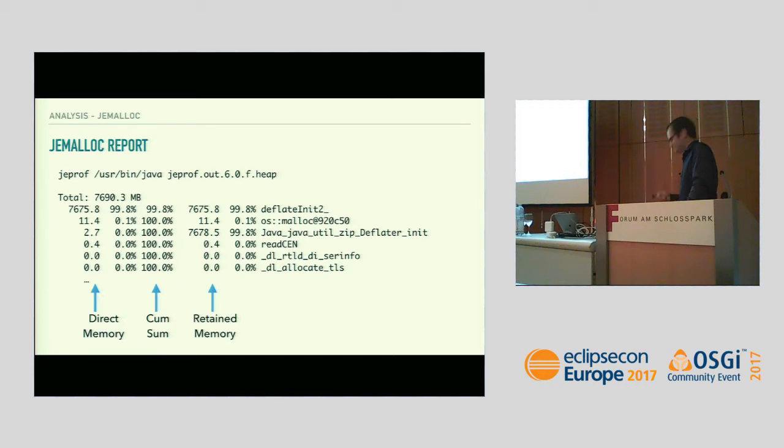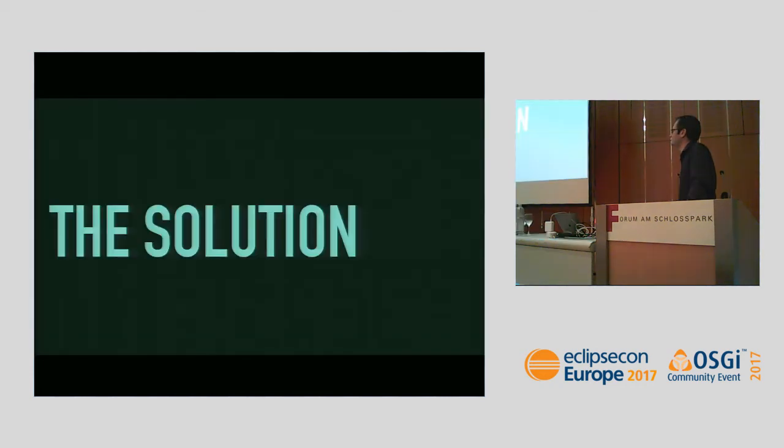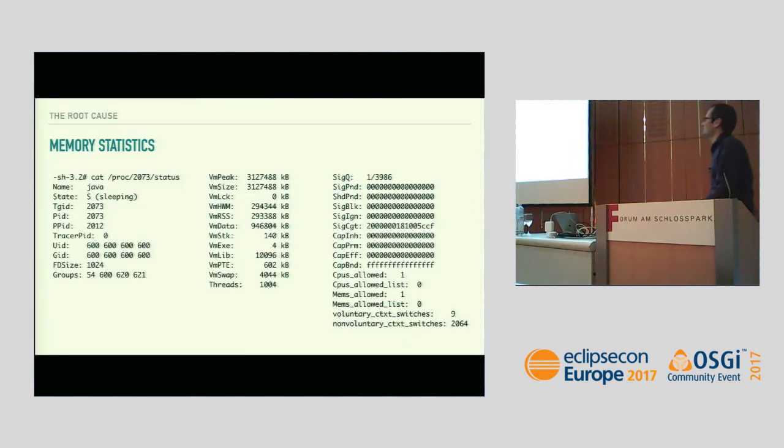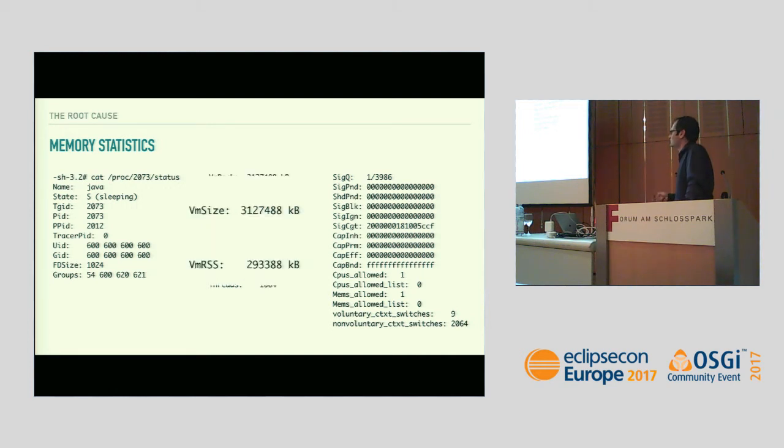Still, unfortunately, that was not the case here. The real solution for this presentation is actually not that interesting. The interesting part was the journey. What we noticed while doing all this memory dumping, swapping, everything, were these two interesting numbers, the resident set size and the virtual memory size.